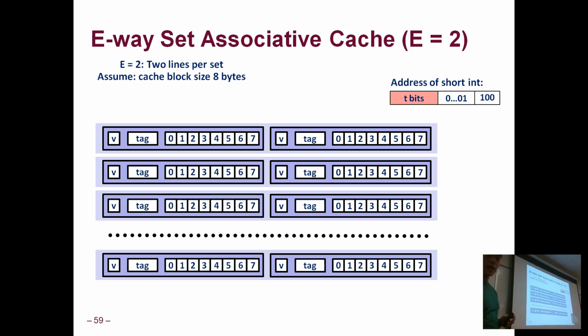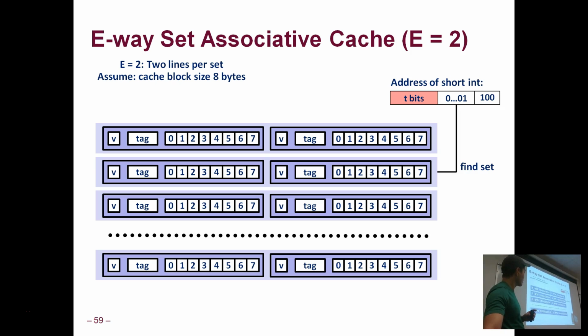To take an address and look up whether or not it has data in this particular cache, for a particular block size, say 8 bytes per block, you would use the least significant 3 bits to identify which byte in this block you want to return. Then you would use the next significant bits as the set index, and this will choose which one of these sets you will look for your data in.